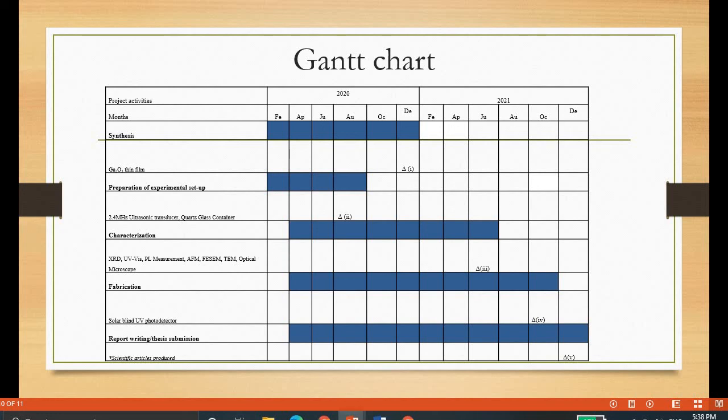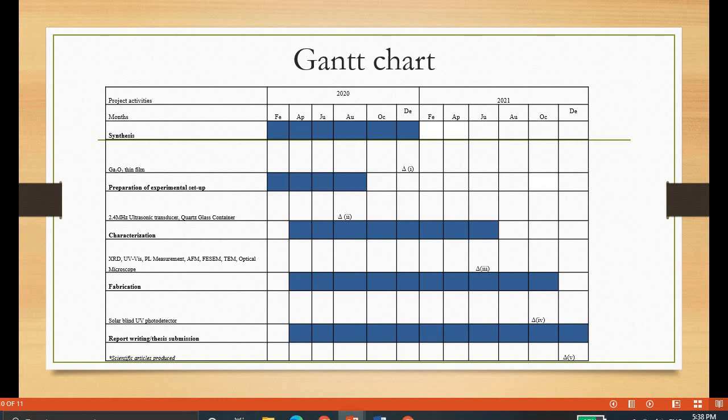The next stage is fabrication. I will fabricate the solar blind UV photodetector, and with the perfect gallium oxide thin film, you will need to deposit other elements as well, such as titanium and aurum, in order to form a metal-semiconductor-metal structure of the semiconductor thin film.